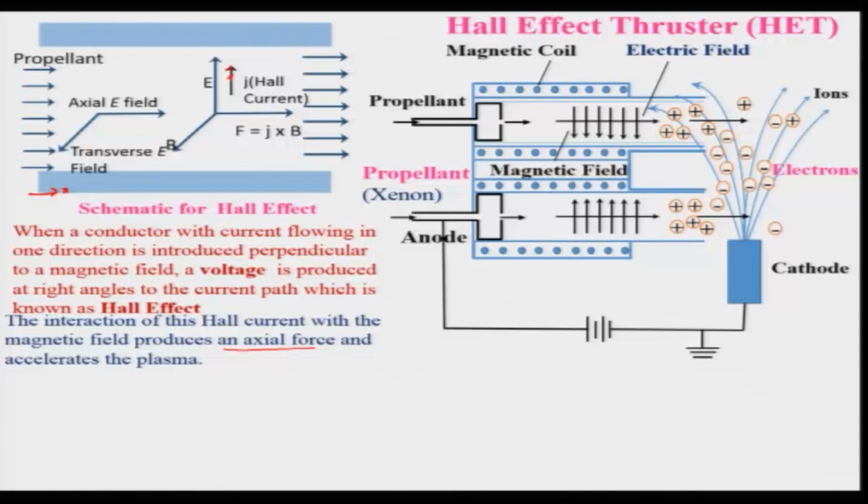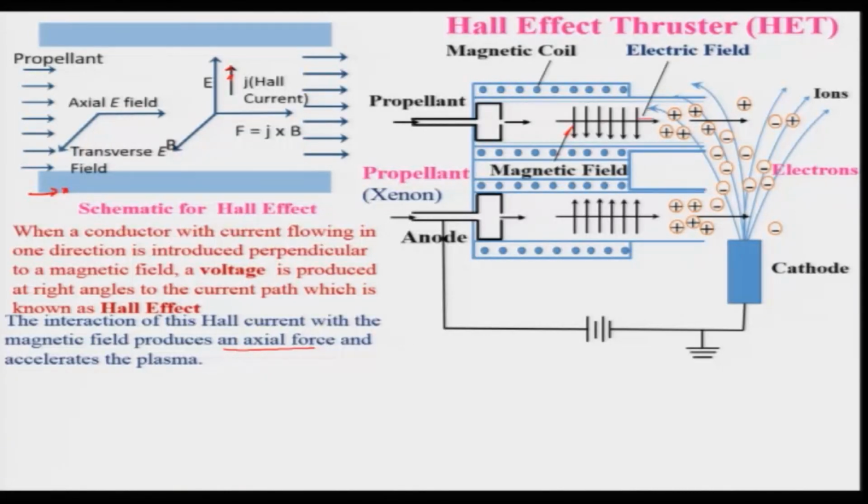So, let us look at a typical Hall effect thruster, in which case there is an anode and also a cathode, and high voltage is being utilized, and this is the annular space through which the propellant is passing. Generally xenon is being preferred, as I had mentioned earlier, and this is your magnetic field acting over here, and this is your electric field.